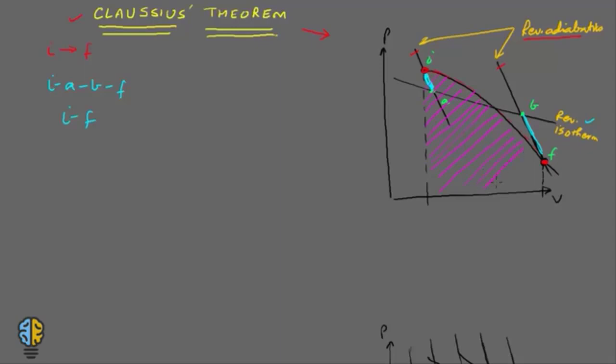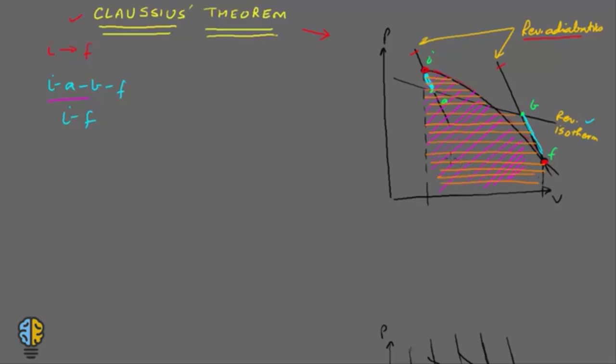This area has to be equal to the area under IABF, the orange colored region, which we show with this kind of hatching. So these two areas are the same.